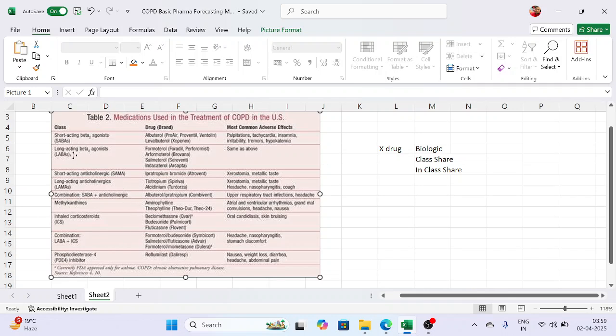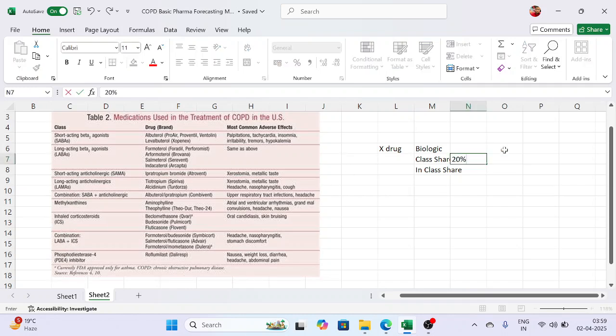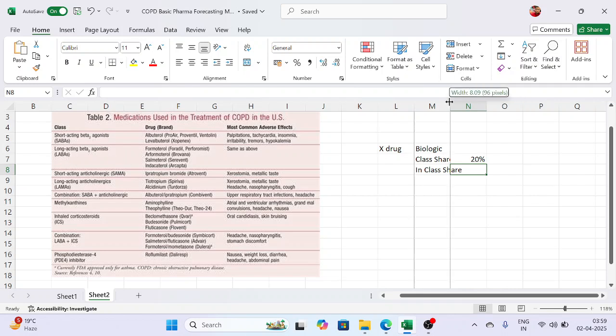Let's say there are 9 different classes, and the share of long acting beta 2 agonist is around 20%. That 20% is the share of LABAs, that is, long acting beta 2 agonist.